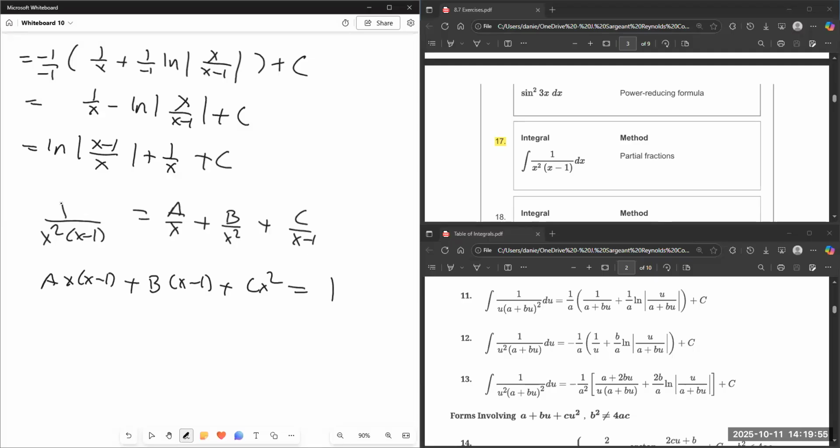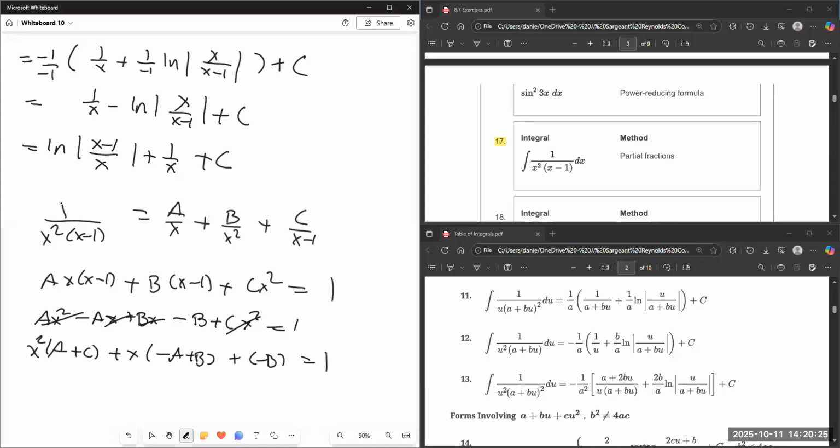I have a x squared minus ax plus bx minus b plus c x squared equals 1. So my x squared terms are a plus c. My x terms are -a plus b. My constant term is negative b. That equals 1.